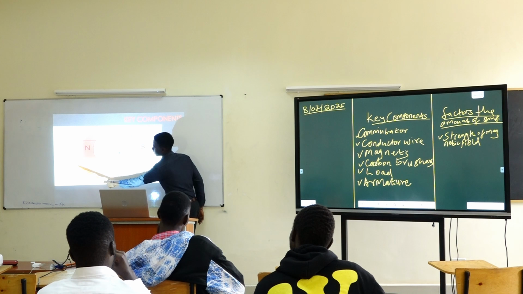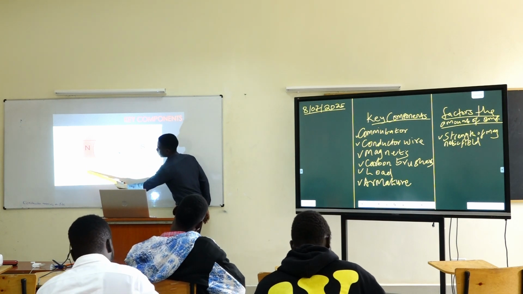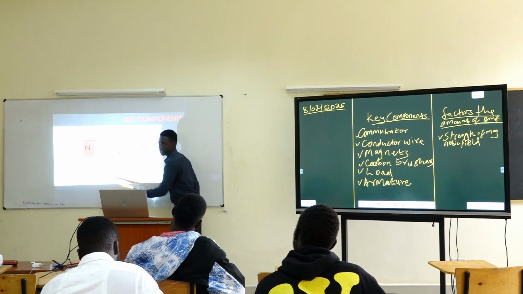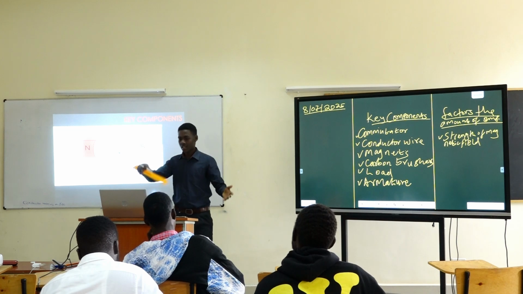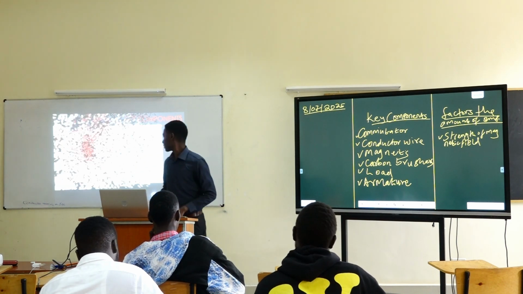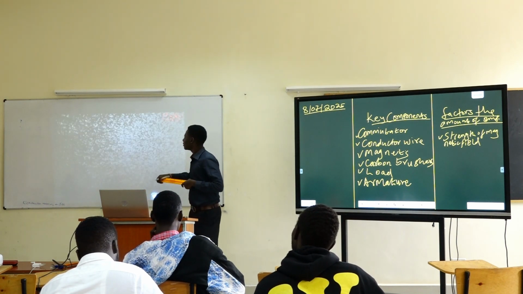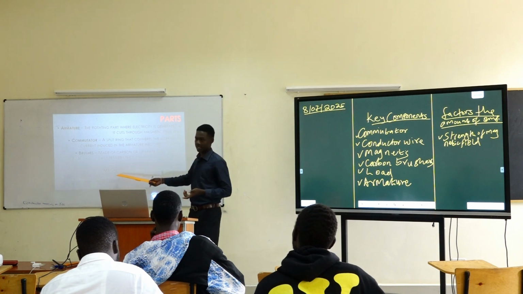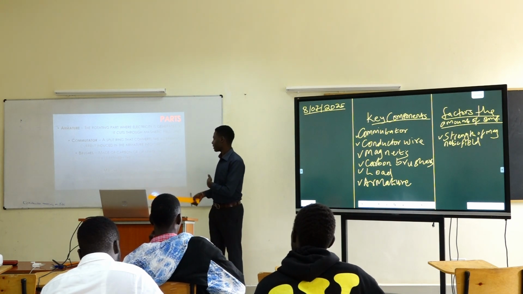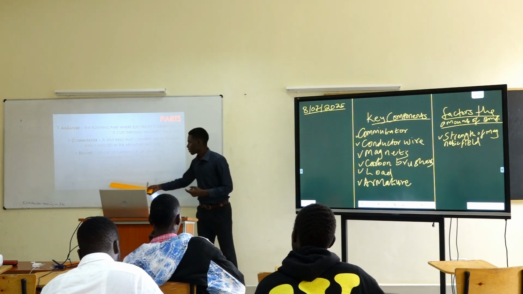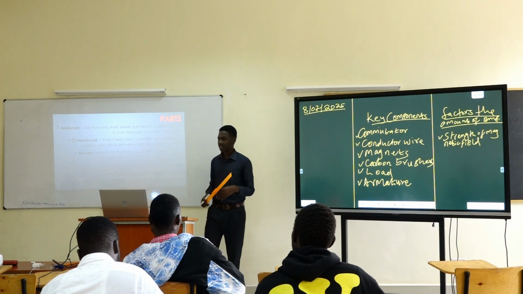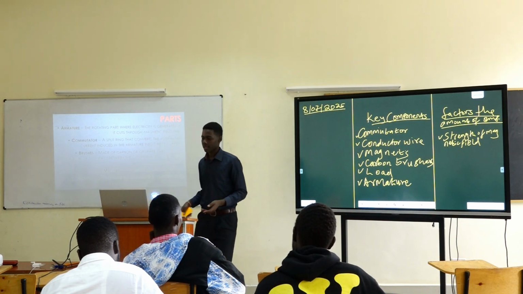This is the external circuit, you see this line, then you have the commutator. The magnets simply provide the magnetic field. The conductor carries the generated electric current.